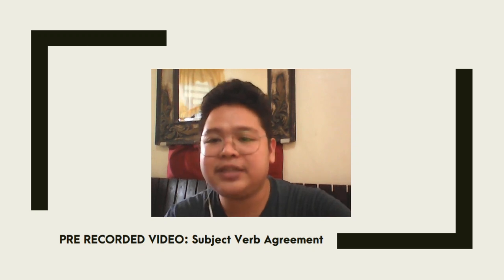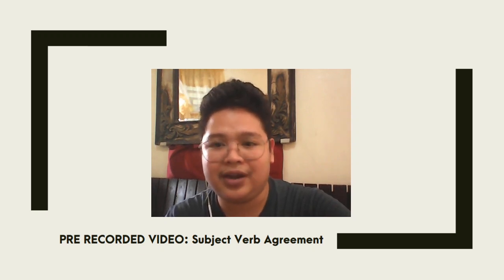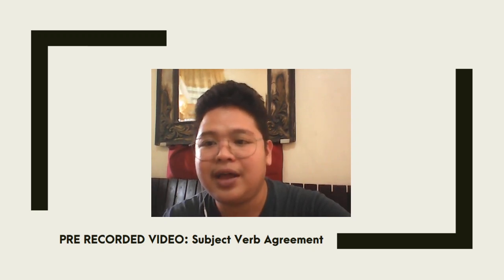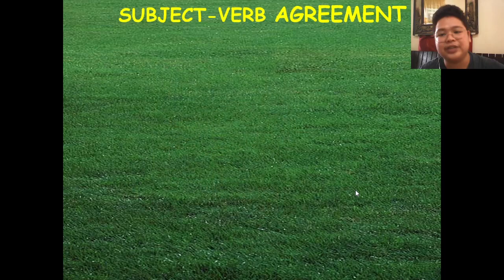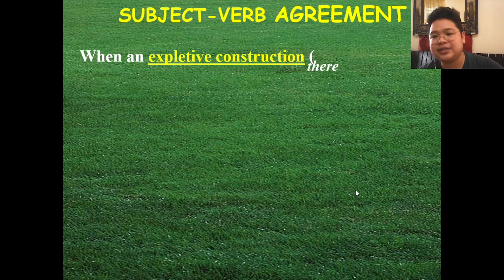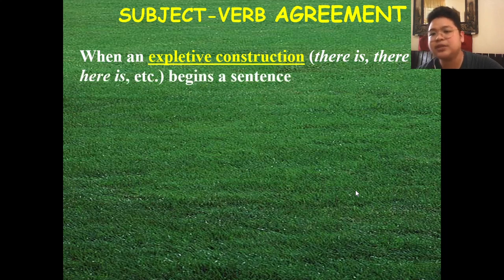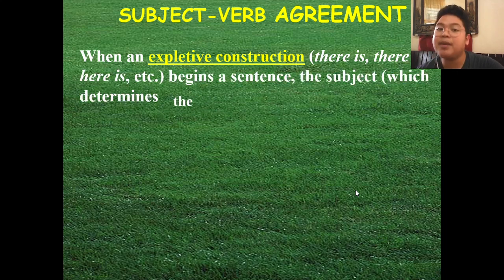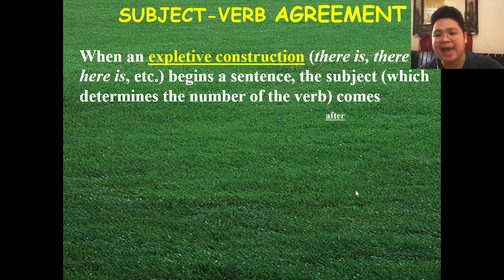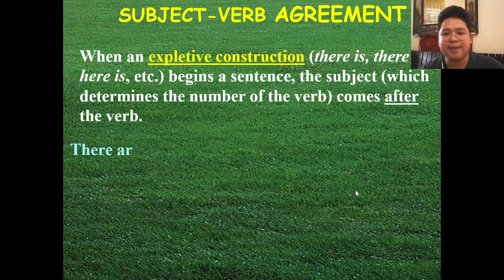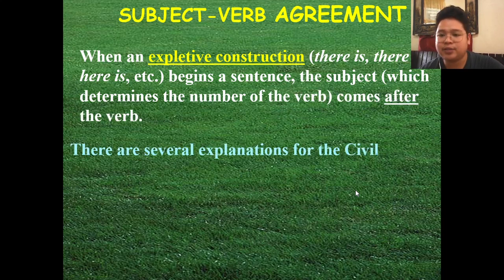When an expletive construction, there is, there are, here is, etc., begins a sentence, the subject which determines the number of the verb comes after the verb. For example, there are several explanations for the Civil War.